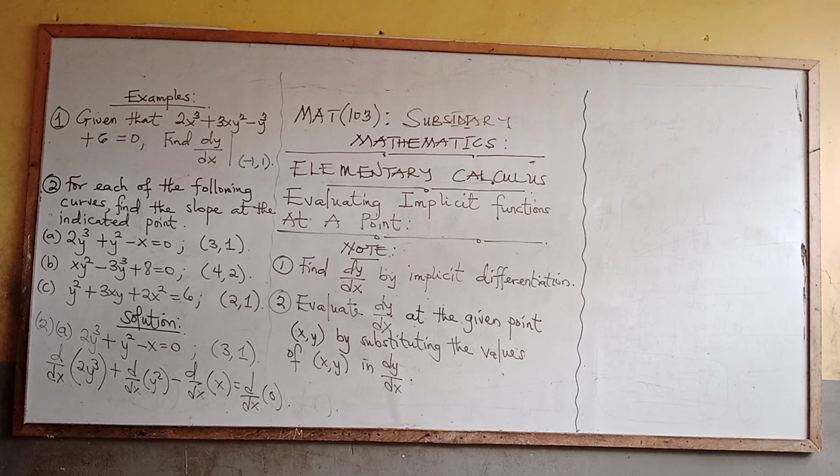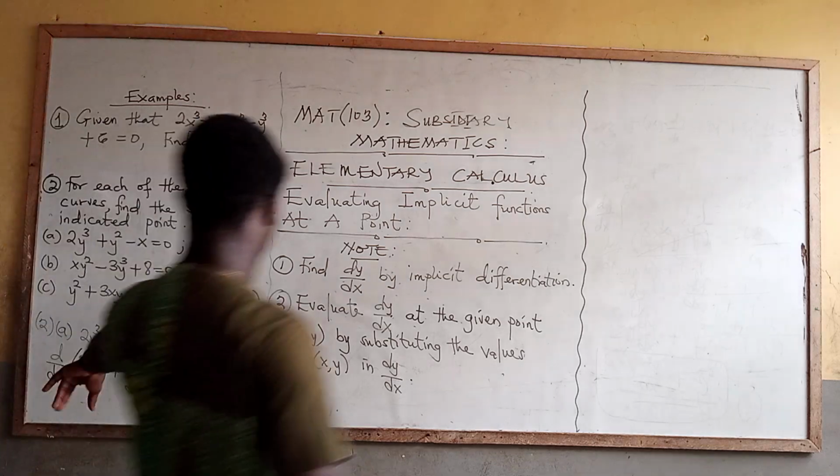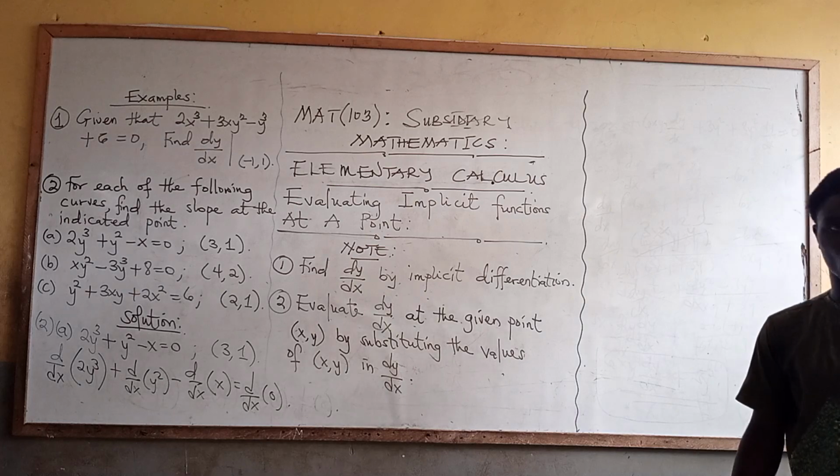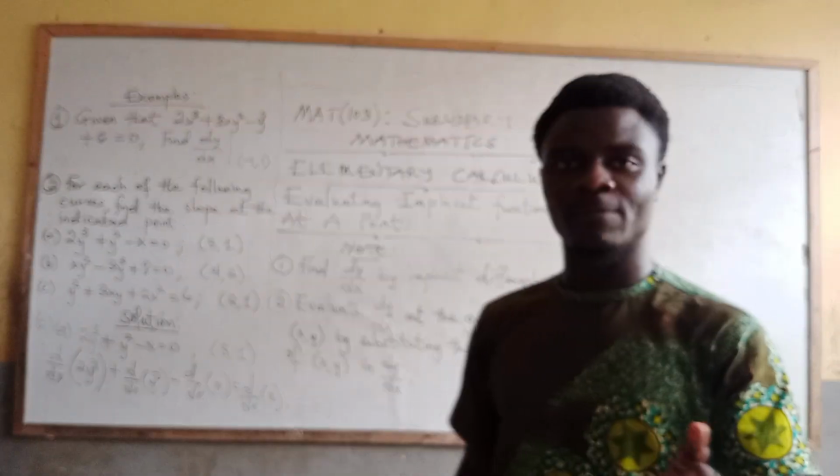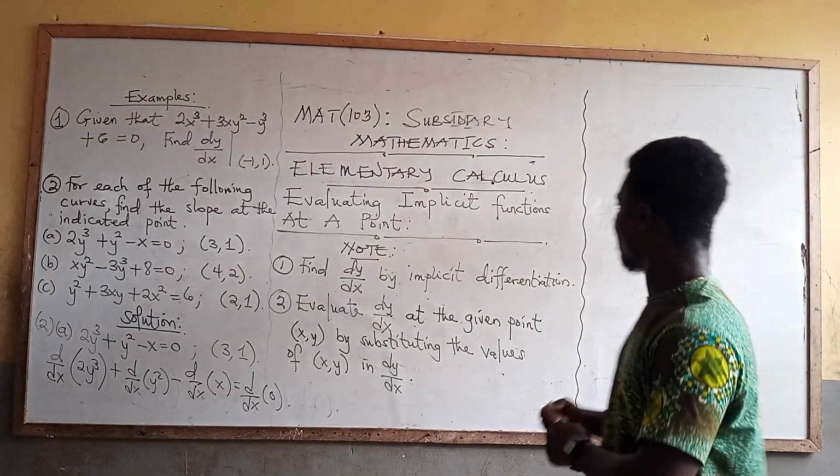Now we differentiate 2y cubed with respect to x. Don't forget, we are treating y as a function of x.